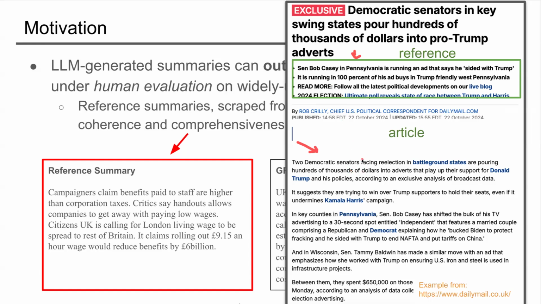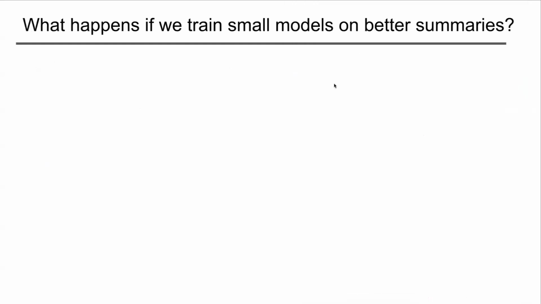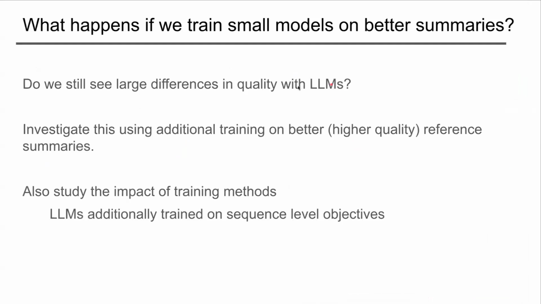So if you train a model that, given this article, generates this reference, it probably won't work very well, or it won't be a good general summarizer. So given this question, we wanted to see what happens if you train small models on better summaries, not web scraped summaries but higher quality summaries. Do we still see large differences?